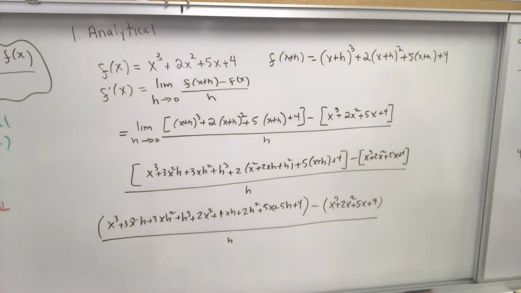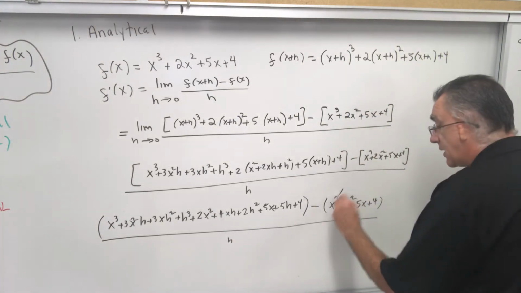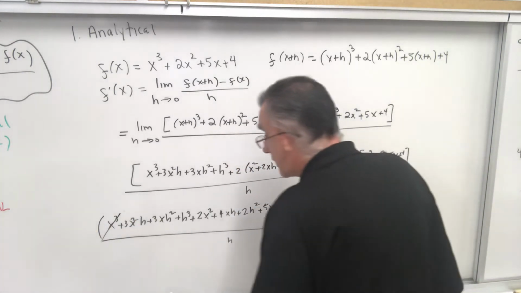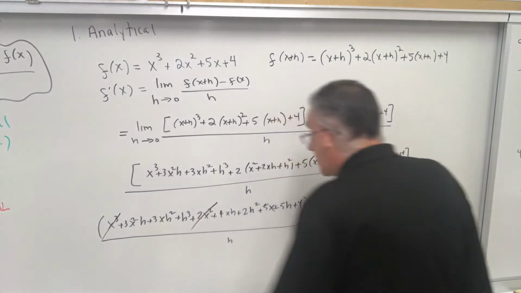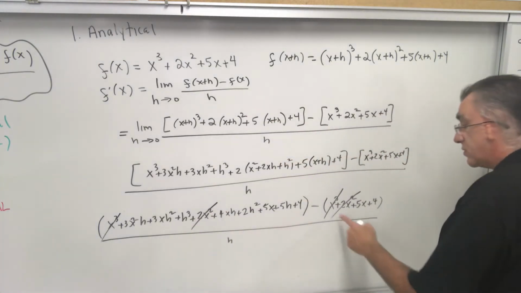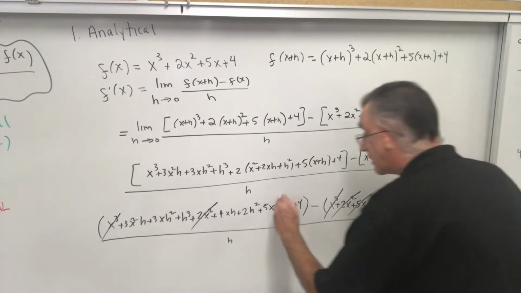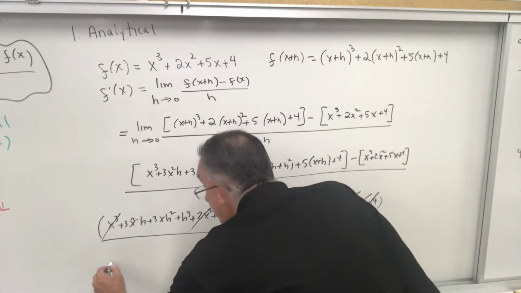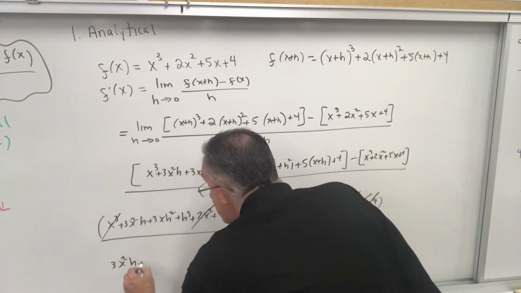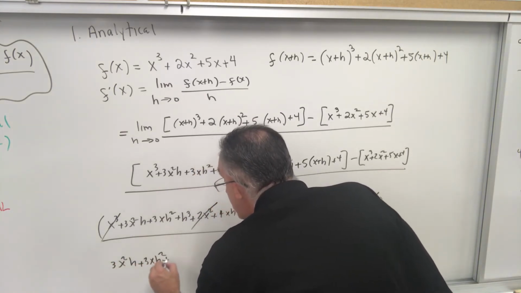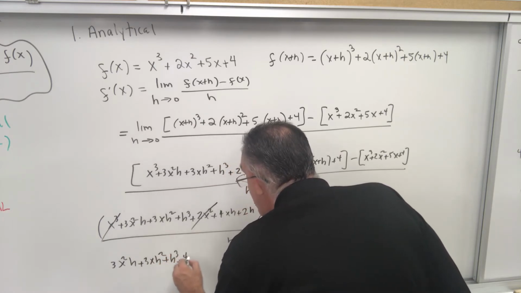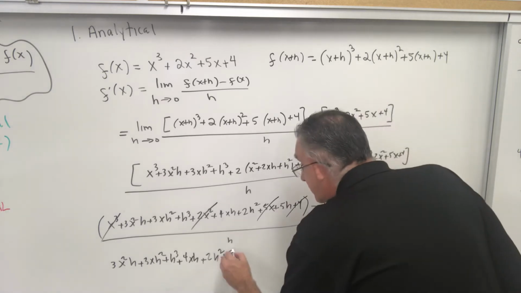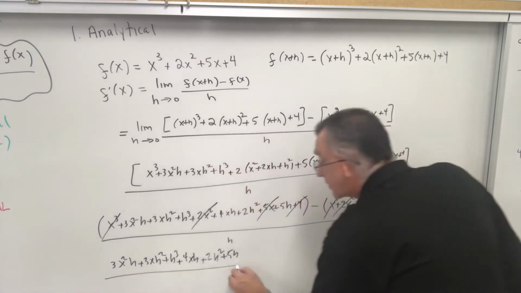Now here's where we catch a little bit of a break. Everything in the back end is going to cancel, because I have to get this h to cancel, so every term without an h has to die a horrible death. So now I have 3x squared h plus 3x h squared plus h to the third plus 4xh plus 2h squared plus 5h, all over h.